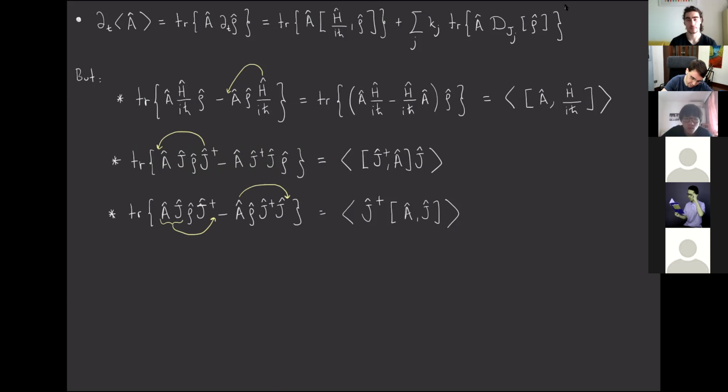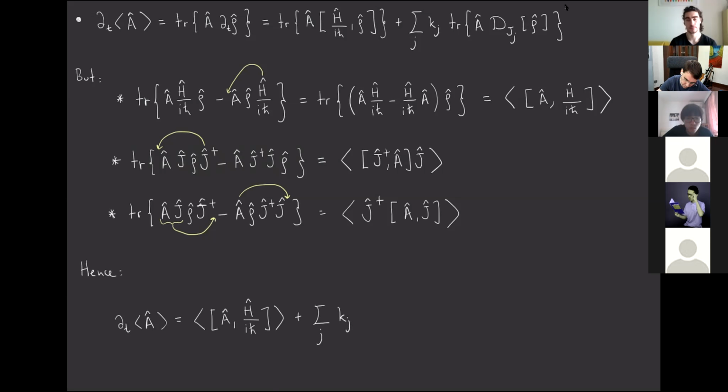But then this means that at the end of the day, what I wanted to show you is that the time derivative of the expectation value of any operator can be written as the expectation value of the Heisenberg equation plus the jump terms, or the dissipative terms, which always contribute in the same way.